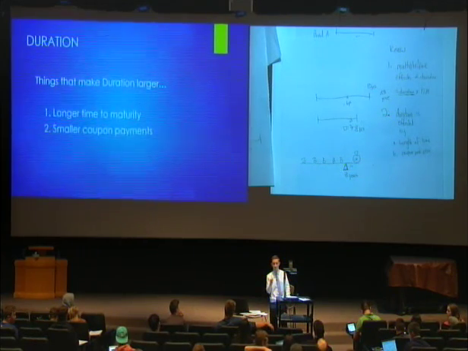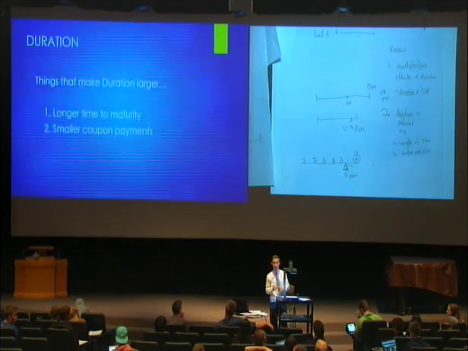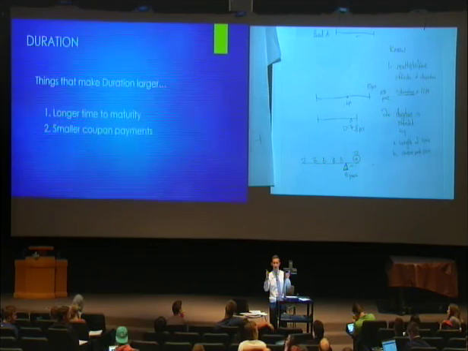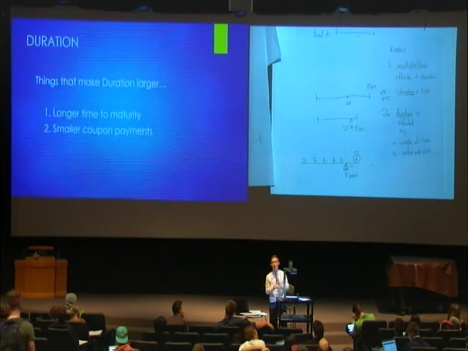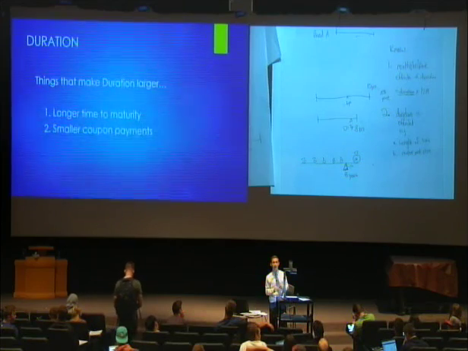So just to clarify, is the duration how long it takes for you to get your money back in coupon payments? Let's say it's $1,000 face value, and you get coupon payments of, let's say, $100 a year. You'd think it'd be 10 years, maybe 20 years. Would the duration be 10 years? No, that's not right.